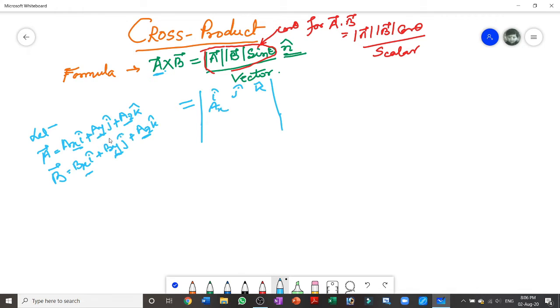For j cap we have ay, so just write ay, and for k cap we have az, so write az here. For B vector we have bx, then by, then bz.